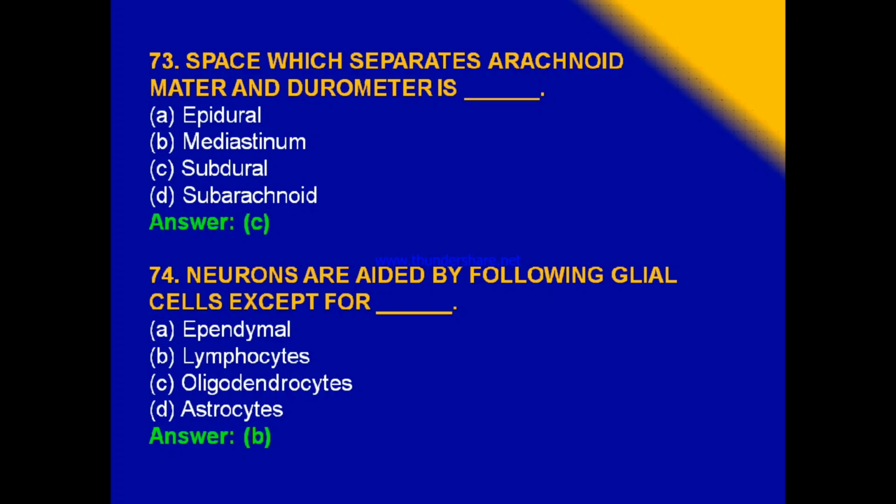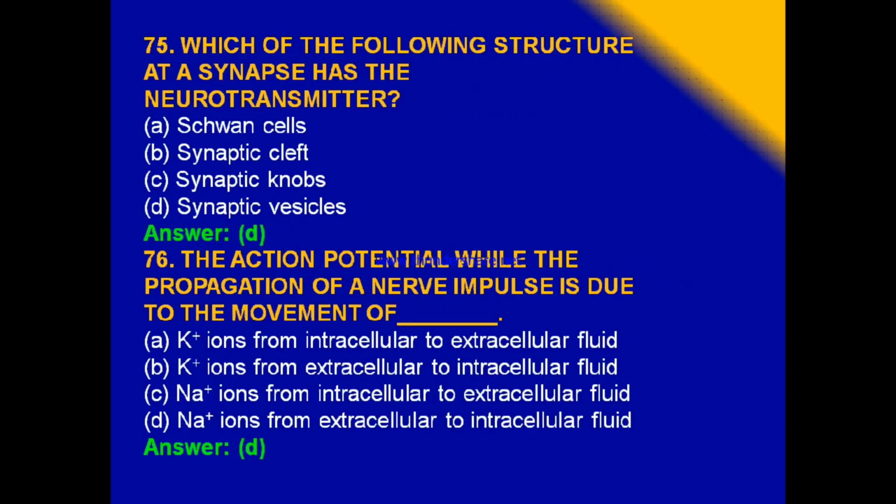So neurons are aided by the following glial cells except for lymphocytes. Next, which of the following structures at a synapse has the neurotransmitter? Schwann cells, synaptic cleft, synaptic knobs or synaptic vesicles. So synaptic vesicles are the structures at a synapse that have the neurotransmitter.